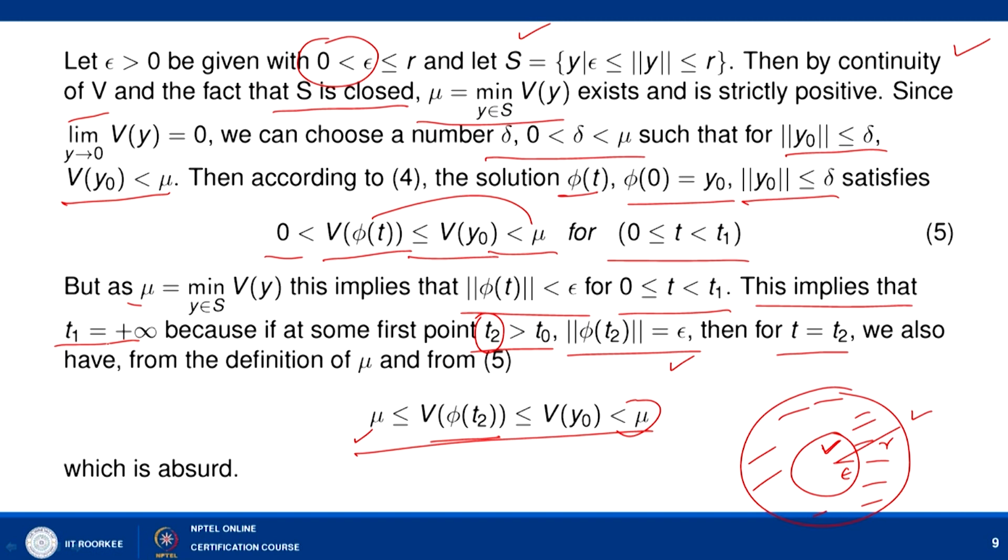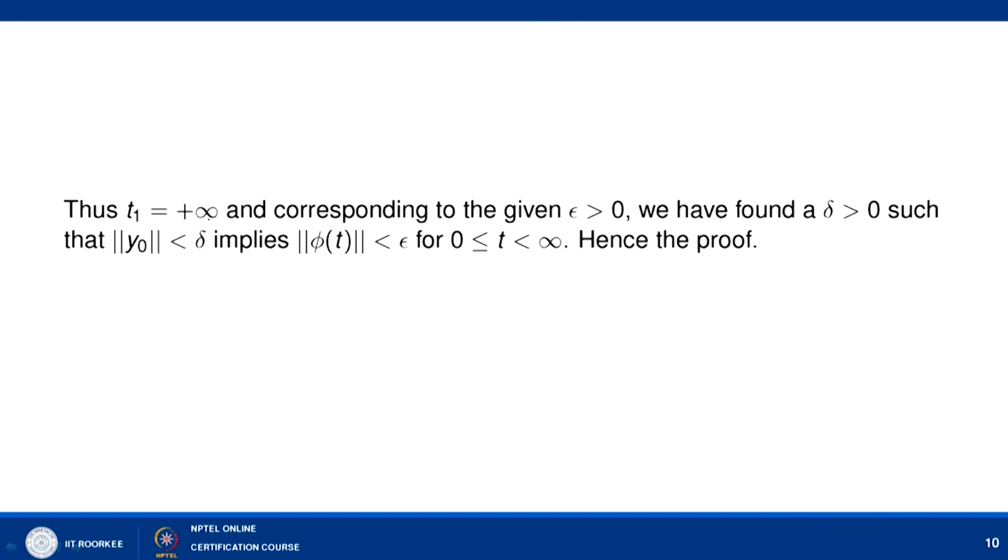Thus t1 is equal to plus infinity, and corresponding to the given epsilon greater than 0, we have found a delta greater than 0 such that norm of y naught less than delta implies that norm of phi t is less than epsilon for t lying between 0 and infinity, and hence the stability of the solution phi t is proved here. So, the stability of the 0 solution is proved here.